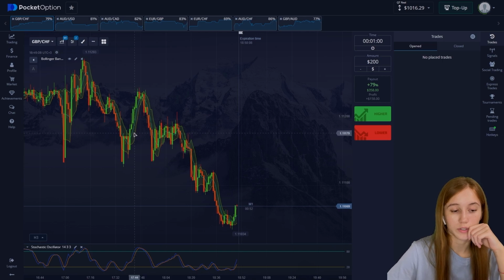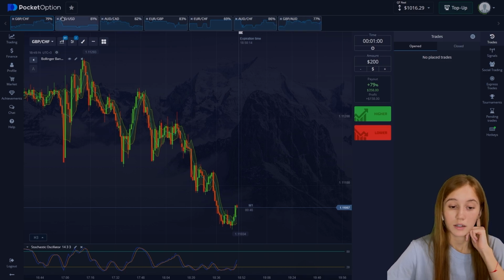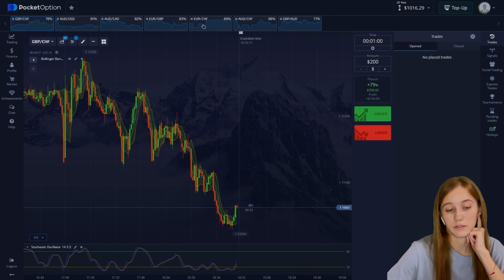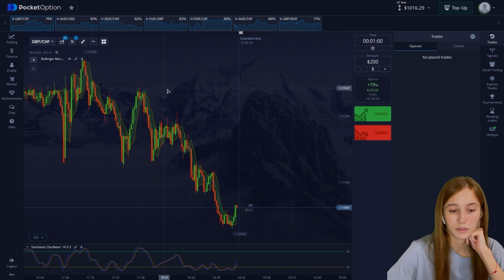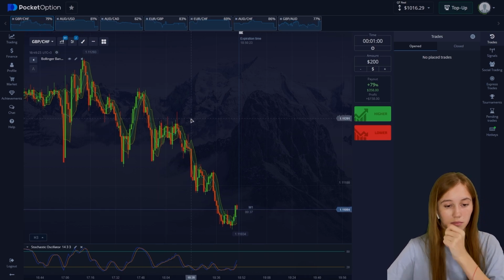This is the time for which each candle is shown on the chart and changes accordingly. You can see it in the upper corner.